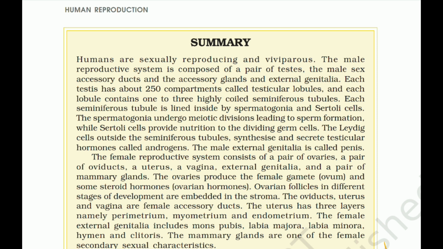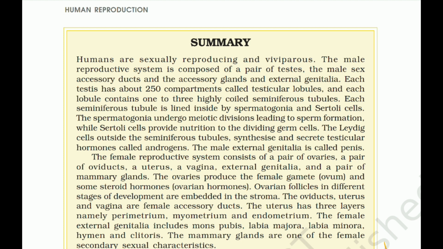Each seminiferous tubule is lined inside by spermatogonia and Sertoli cells. The spermatogonia undergo meiotic divisions leading to sperm formation, while Sertoli cells provide nutrition to the dividing sperm cells. The Leydig cells outside the seminiferous tubules synthesize and secrete testicular hormone called androgens. The male external genitalia is called penis.